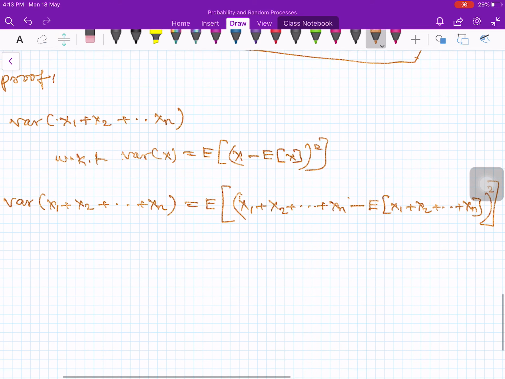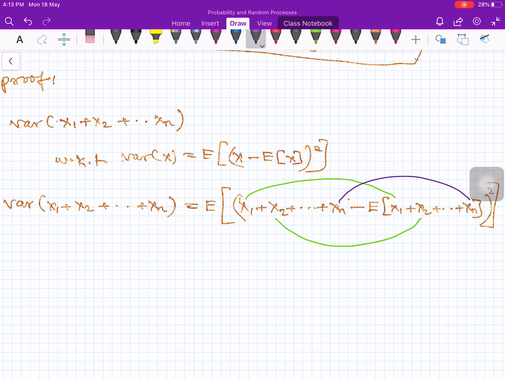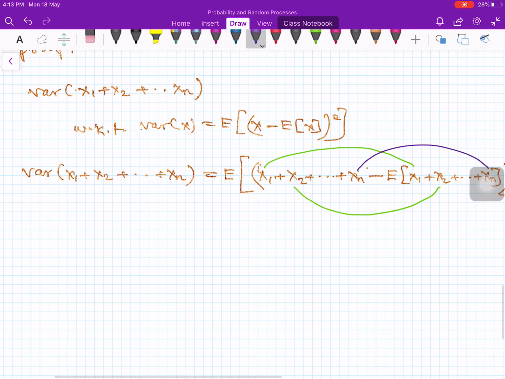Now you just put together x1 with E of x1 and x2 with E of x2, the same thing we did in the first part of this lecture. So put together x1 with E of x1, x2 with E of x2, then xn with E of xn like this. So let us now combine them.